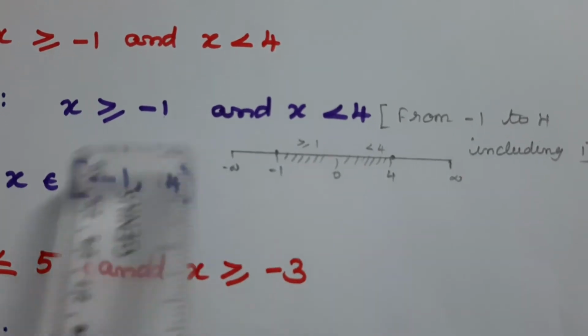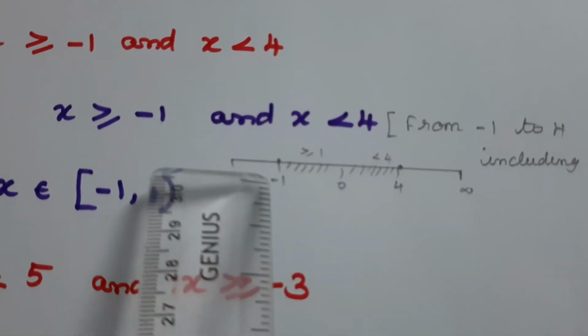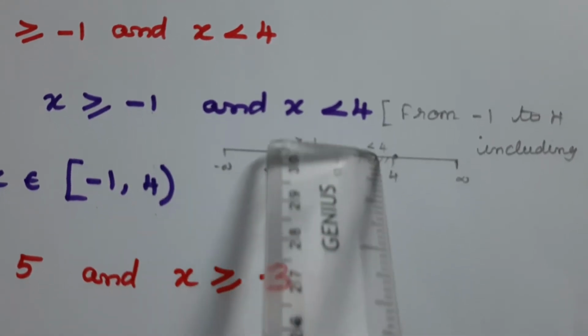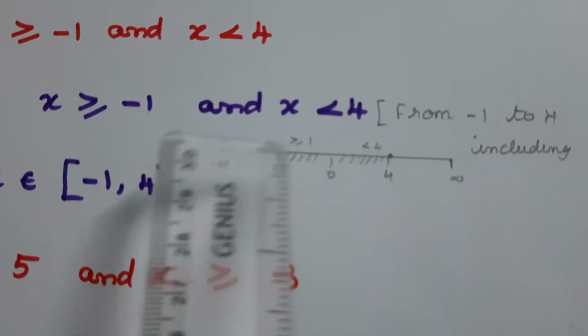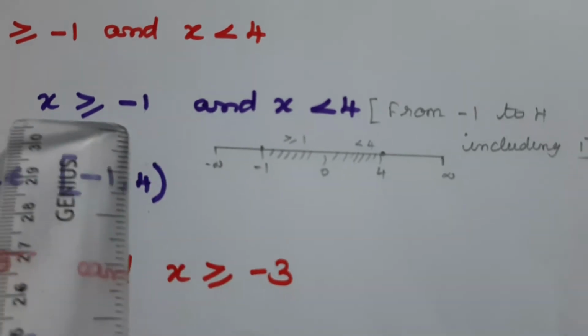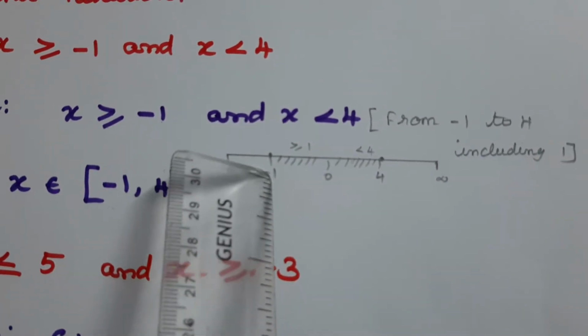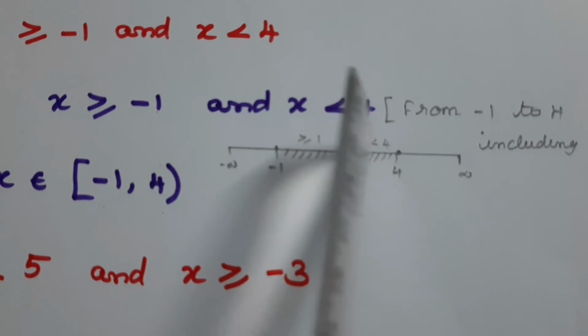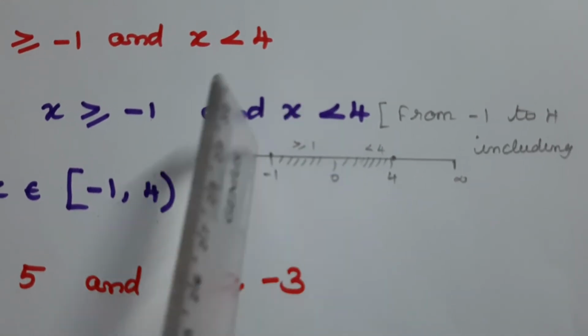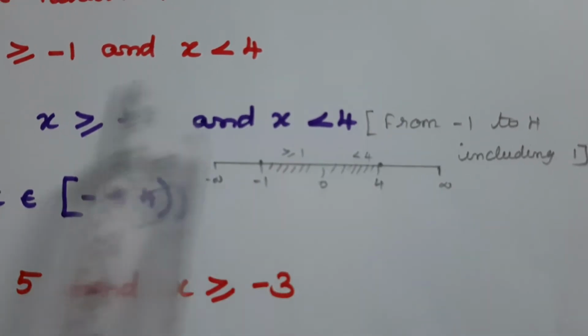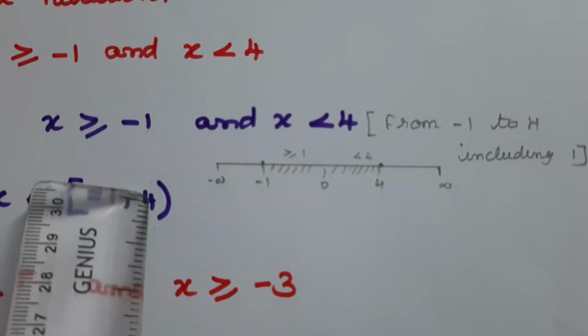So, in the number line minus infinity to plus infinity, let us consider here -1, somewhere here as a 4. So, greater than -1 means -1 or greater than will be coming in the right hand side, as I told you, and less than 4 means it should be on the left hand side.